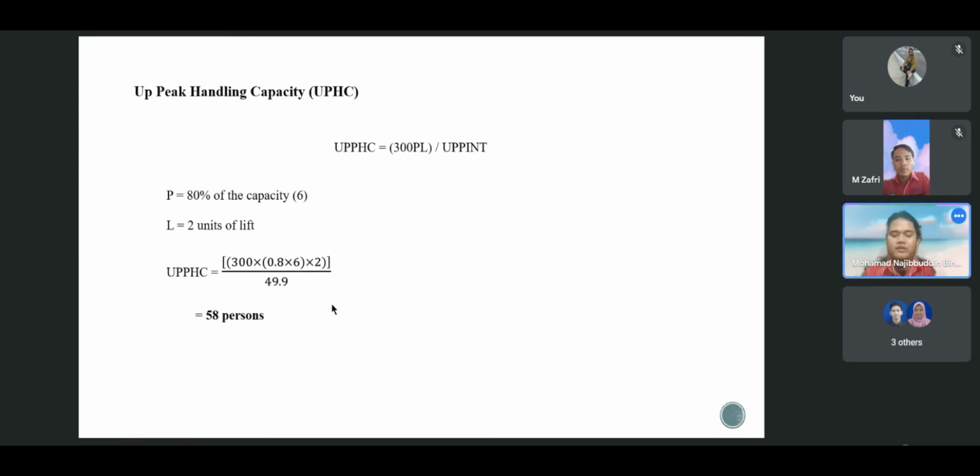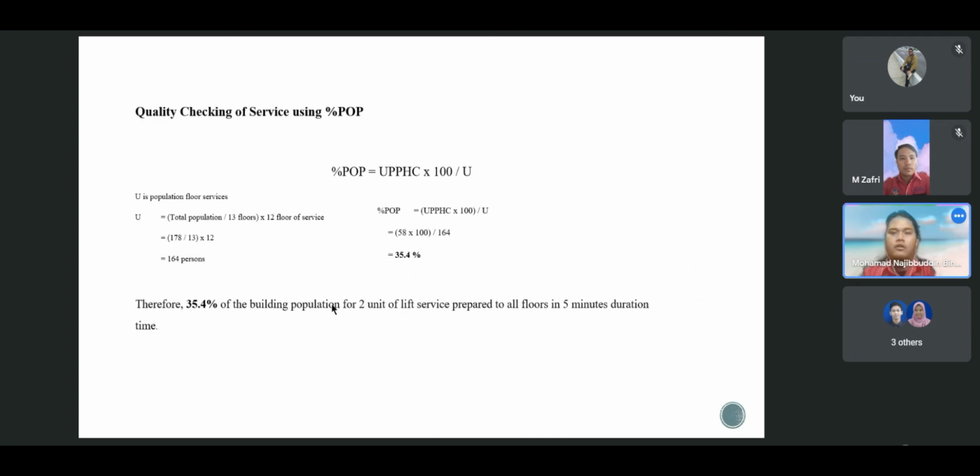Up peak handling capacity. And then quality checking of service using percentage of POP. This is the formula: percent POP equals UPPHC times 100 divided by U. U is the population flow service, which we get here as 164%.